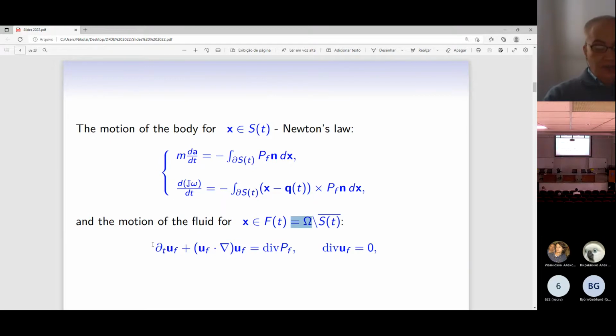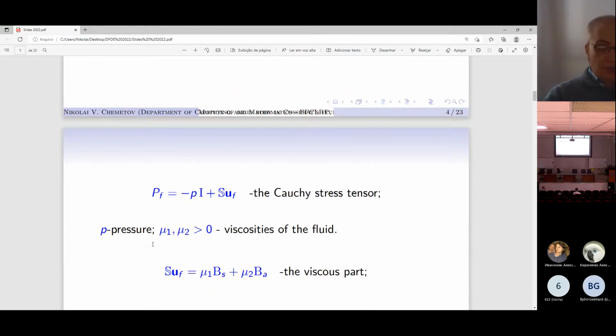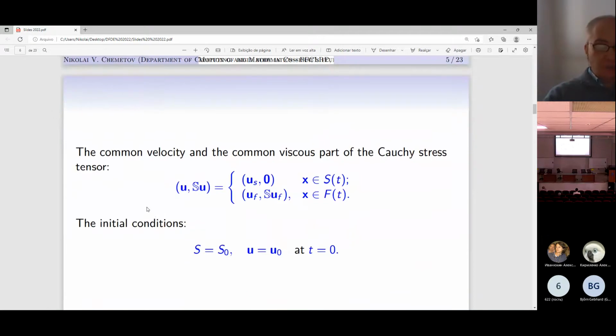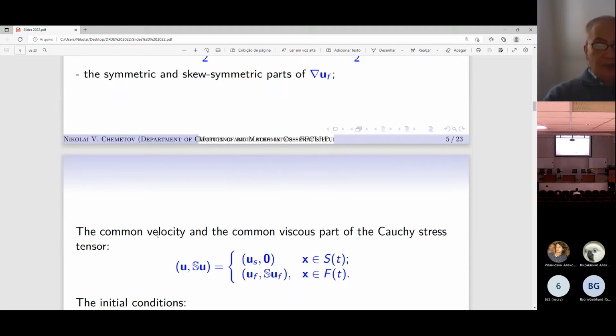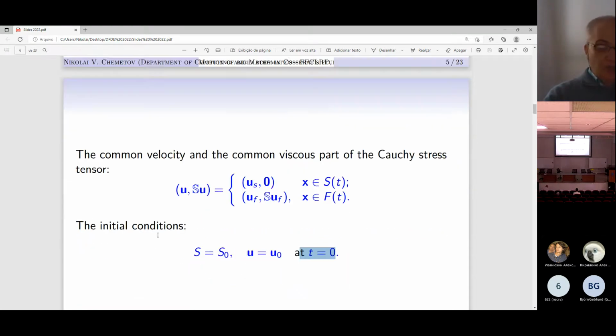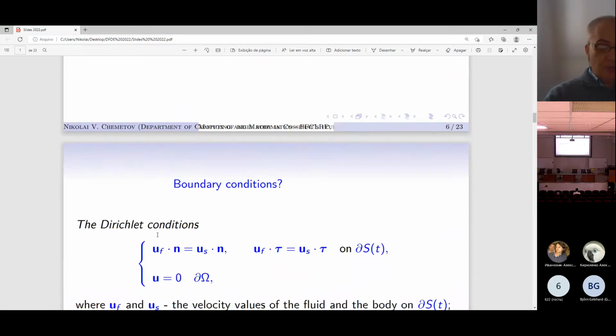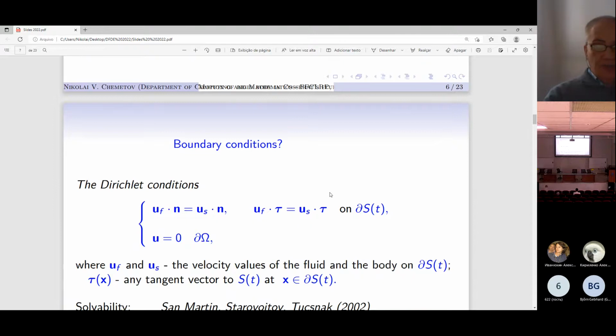By this reason, to have well-posedness of our problem, we need to add some initial conditions: the position of our body at the initial moment and the distribution of the velocity at the initial moment. And of course, because we consider that our body and solid move in some bounded domain, we have to add conditions.